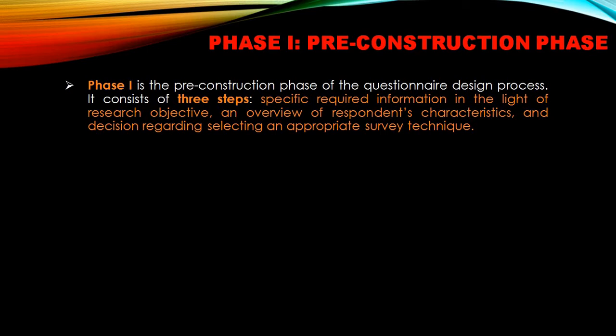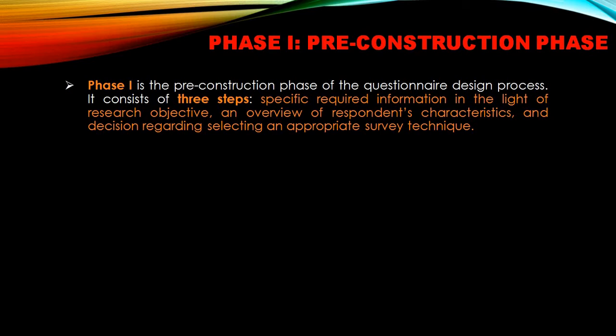The second is an overview of the respondents' characteristics. You have to be very clear about what the characteristics of the respondent should be. And the third is the decision regarding selecting an appropriate survey technique. You have to choose a survey technique much before plunging into the actual survey process.